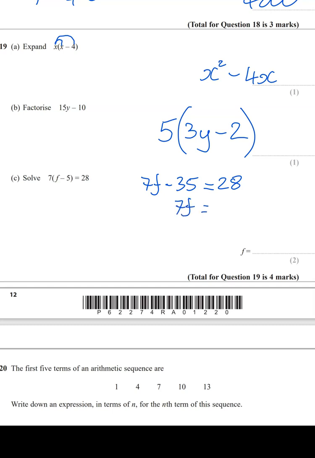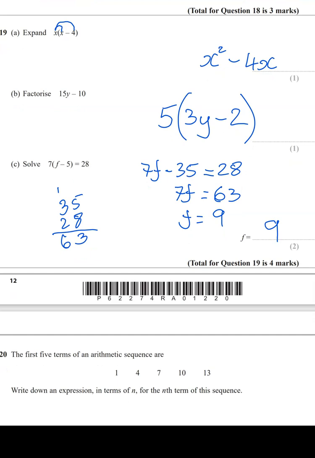So 28, add 35, or the other way around, doesn't matter. It's 63. And then because we've got 7 lots of f, it's 63. F must be 9. 7 times 9, 63. Put it on the answer line. Okay, that was number 19.